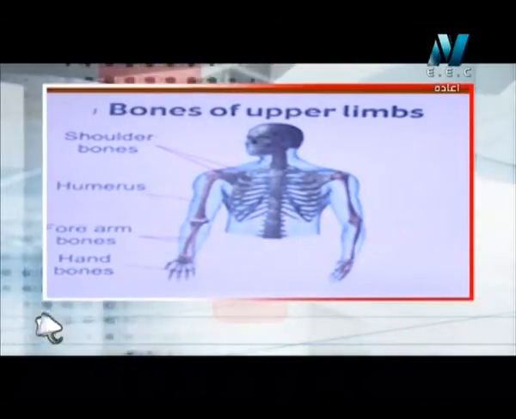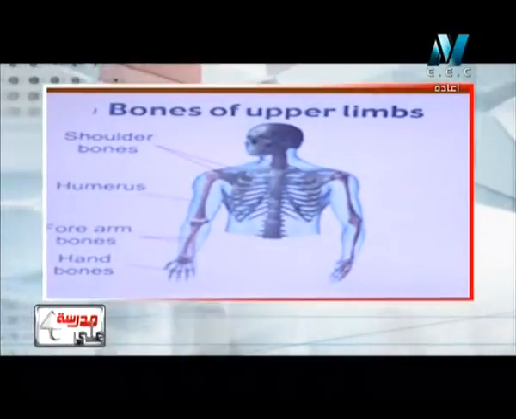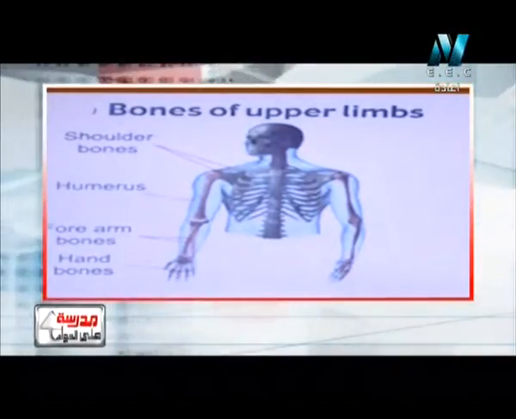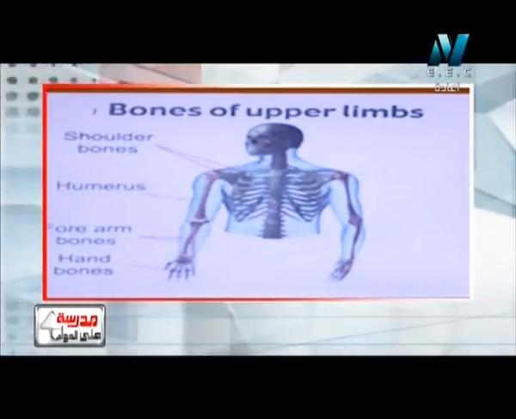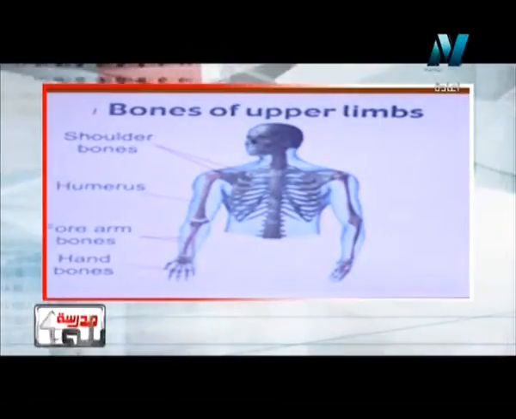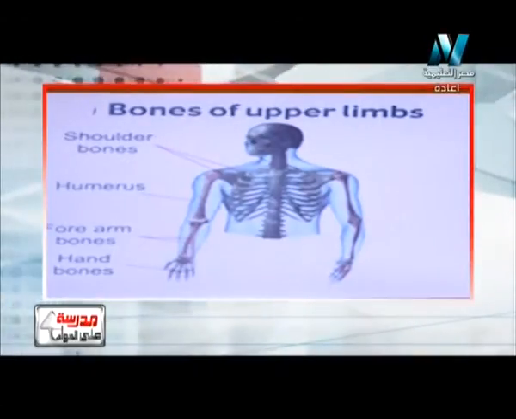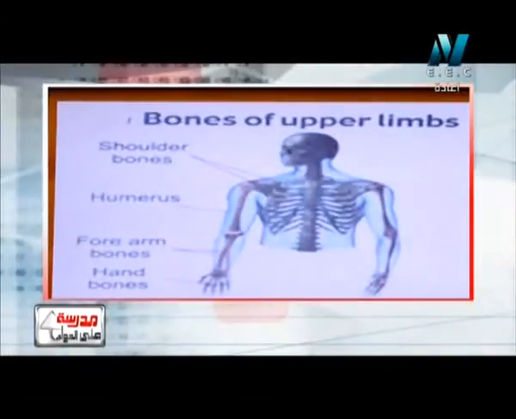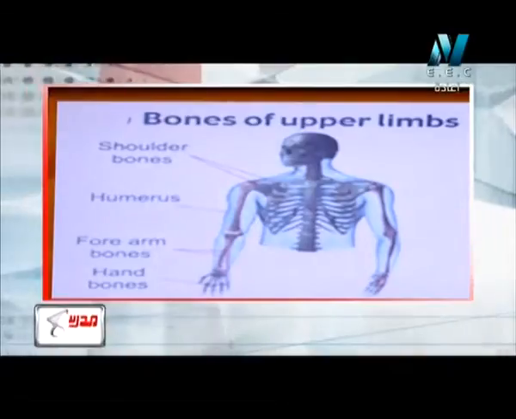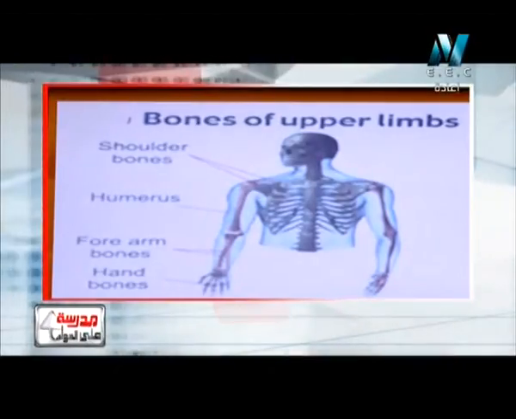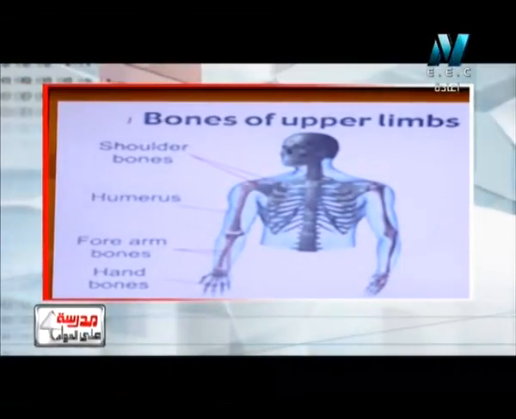It's like a triangle, في عظمة مثلثة at your back, which is called the scapula. The scapula, or the shoulder bone, is the bone that connects the upper limb to the rest of the body. So again, I have the upper limb, which consists of humerus, forearm bone, and hand bone, and all of them are connected to the body by the shoulder bone.